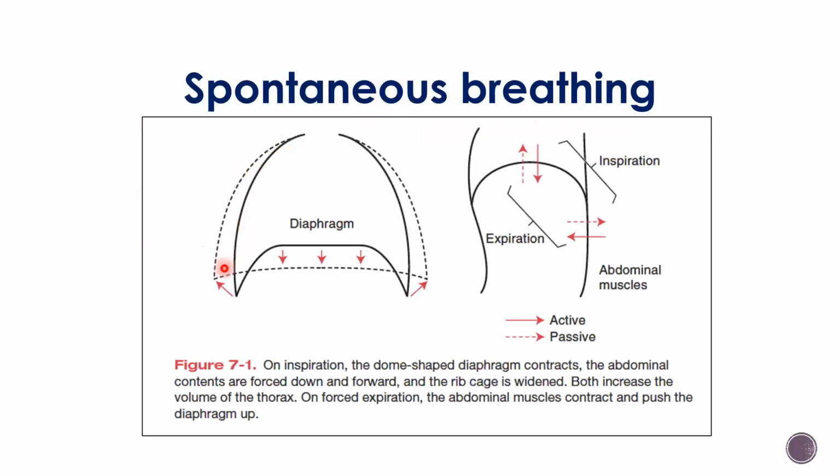This is the normal diaphragm that you see when someone is breathing normally. When the diaphragm contracts, being dome shaped, it will come down. So the anteroposterior diameter of the lung is increased, right?